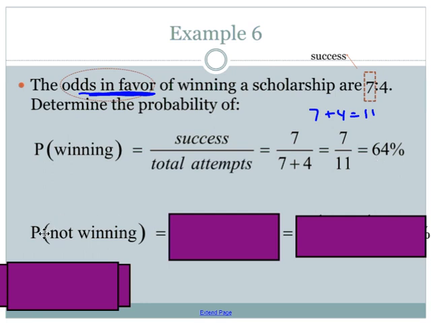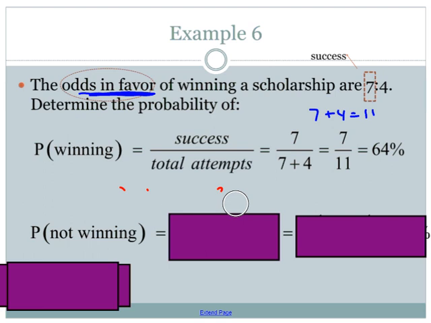Now the probability of not winning. We could think of it as the complement, 1 minus the probability of winning. We did that in a previous lesson. So the answer is 1 minus 0.64, which is 0.36, or 36%. That's the complement rule.